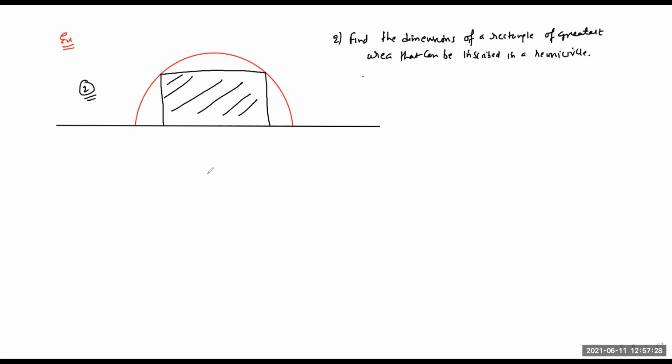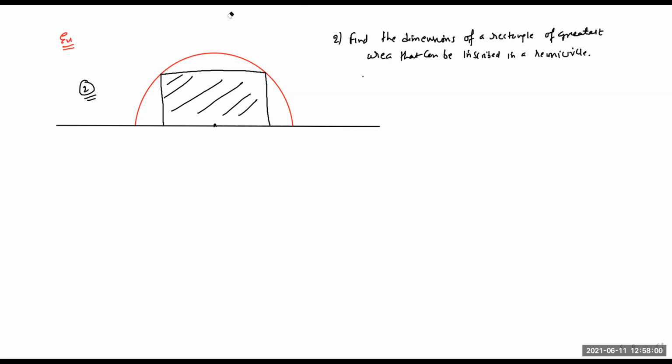First I took the radius as r, as given, then the remaining value as x, the remaining value after the rectangle. What is the remaining value? Sir, this one. Yes, sir, so we can write it as pi r square by 2 minus the dimensions L into B.